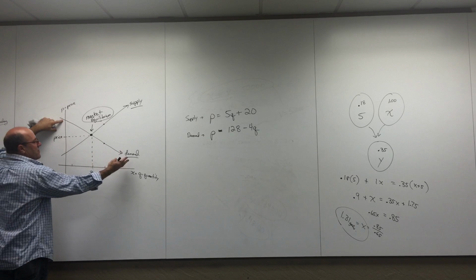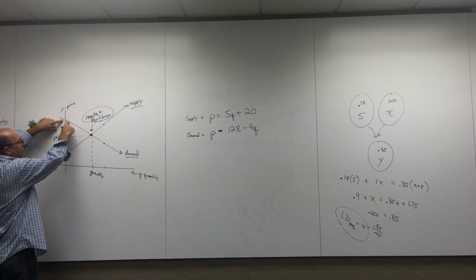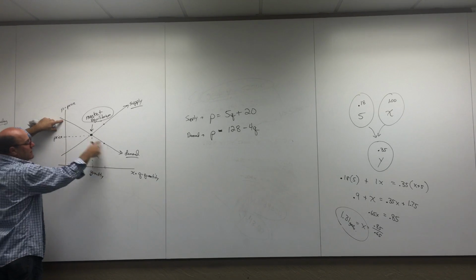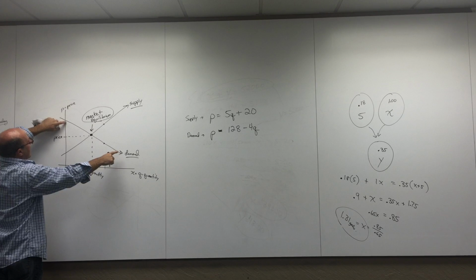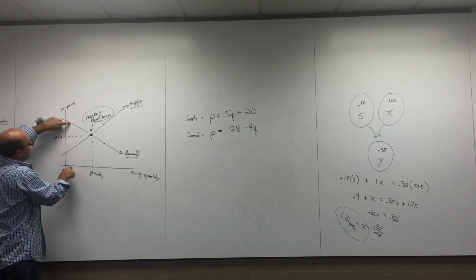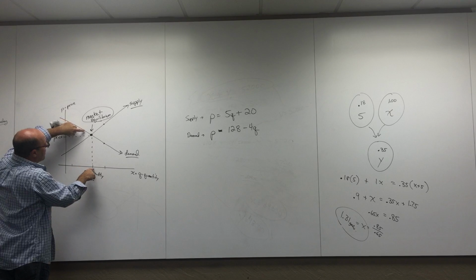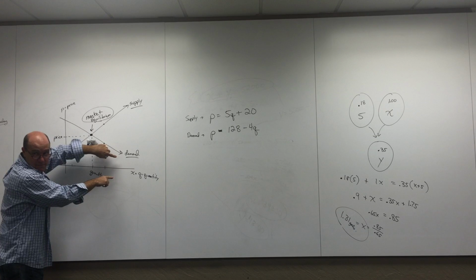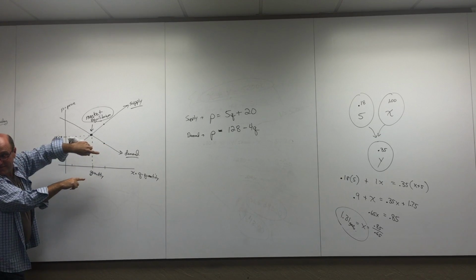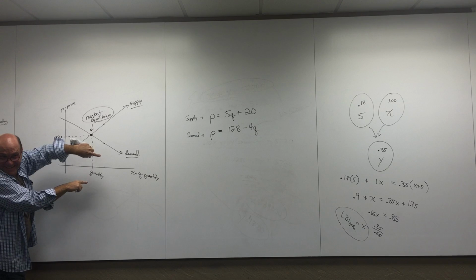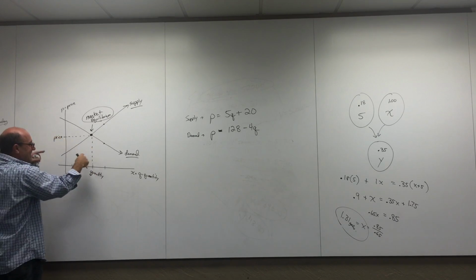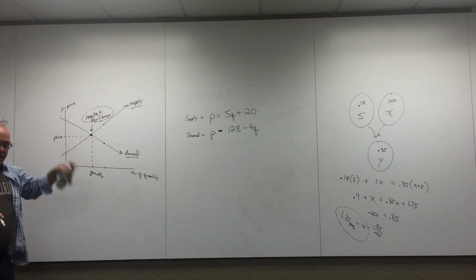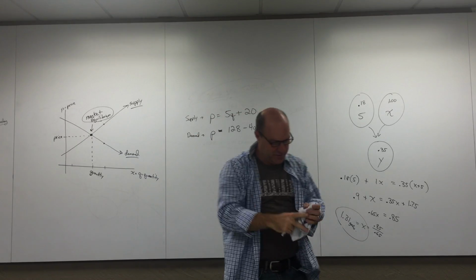If you're the public demanding this, when it's a high price, you're not demanding very much. When you demand more, the price drops down. When you buy more, the price drops down. Maybe that makes more sense, and then there's still this equilibrium place. Maybe I had it backwards originally. I'm sorry. We'll see what happens.